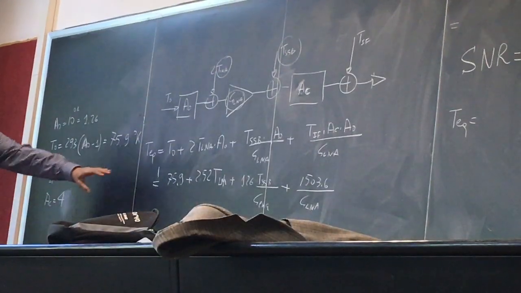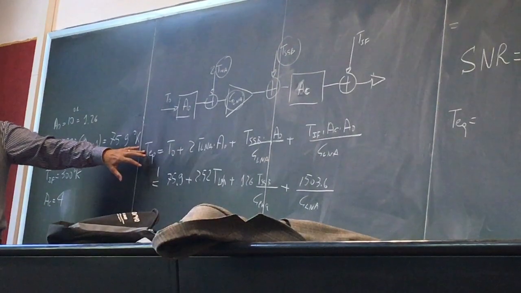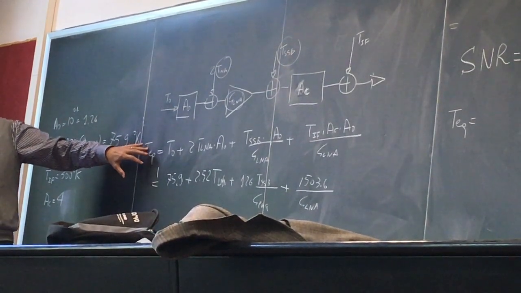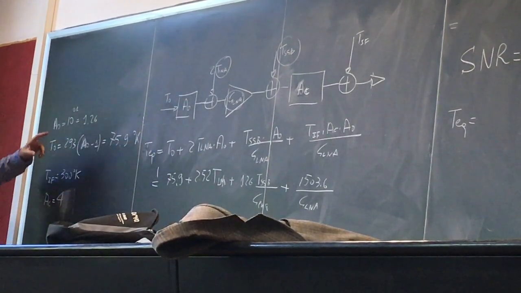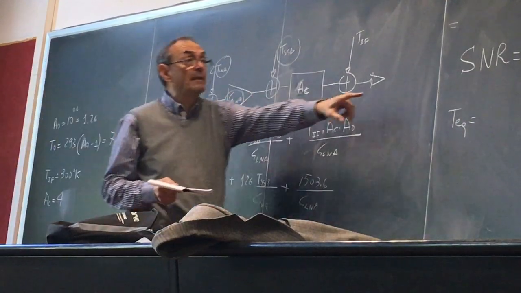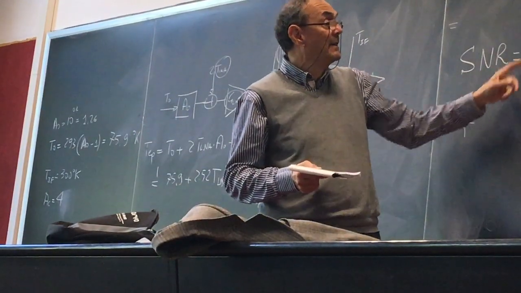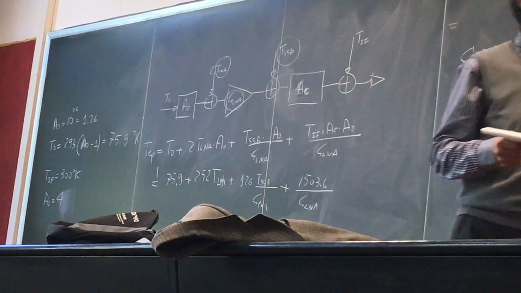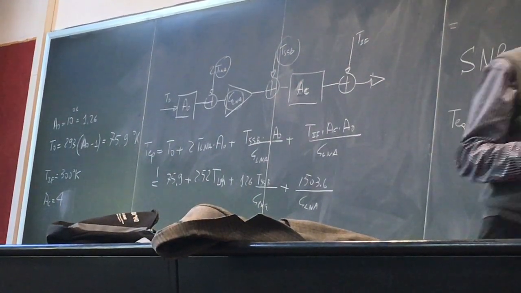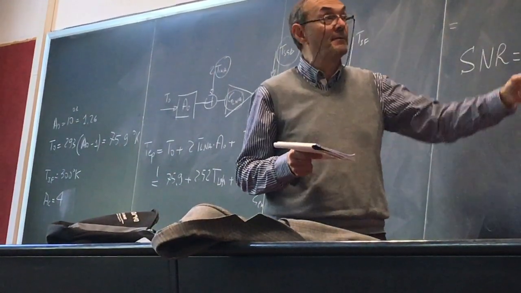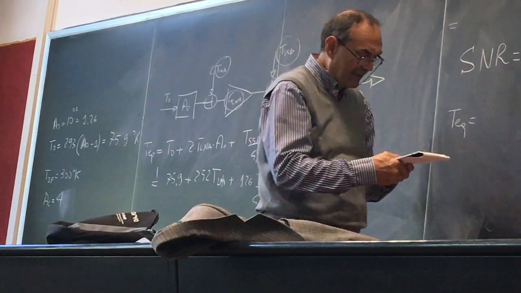But now we have to equate this to the equivalent temperature. And where do we obtain the equivalent temperature? We obtain it from this expression, because here we have all the unknowns equal to 20.